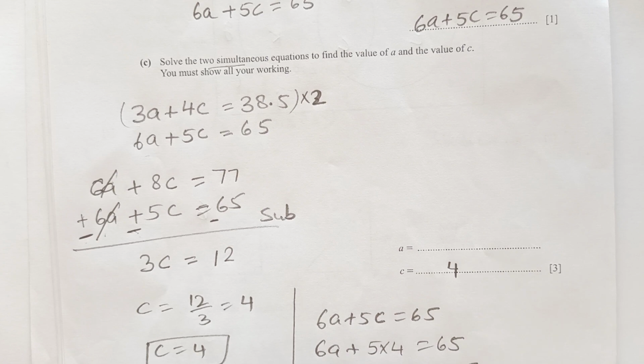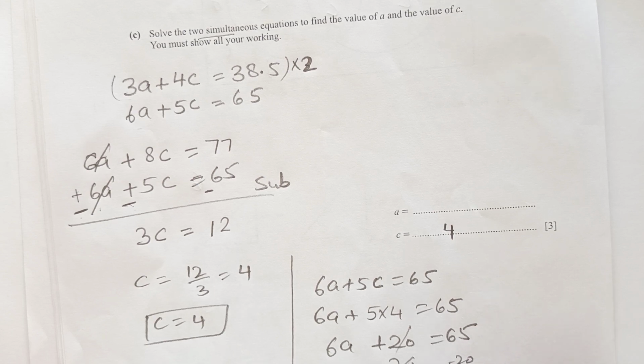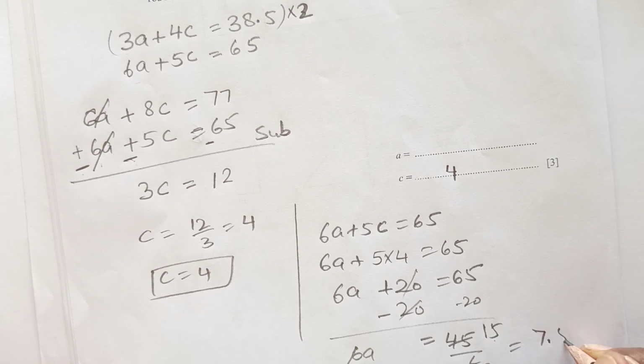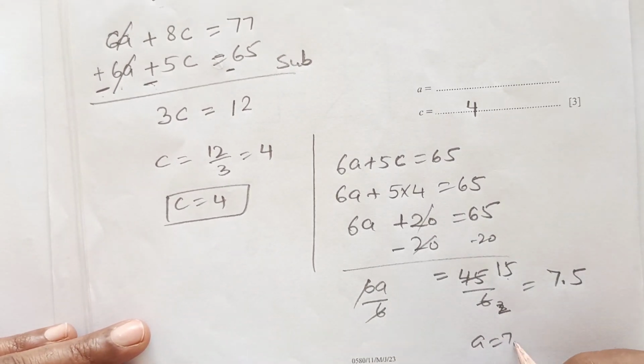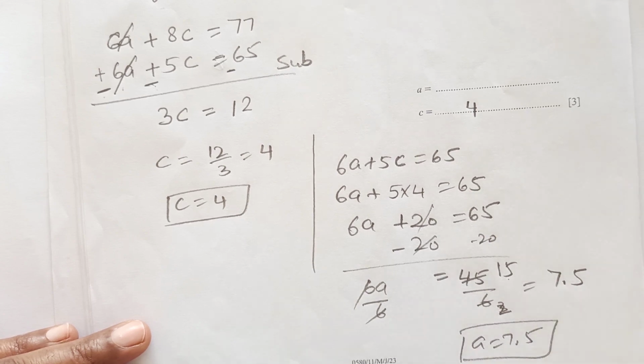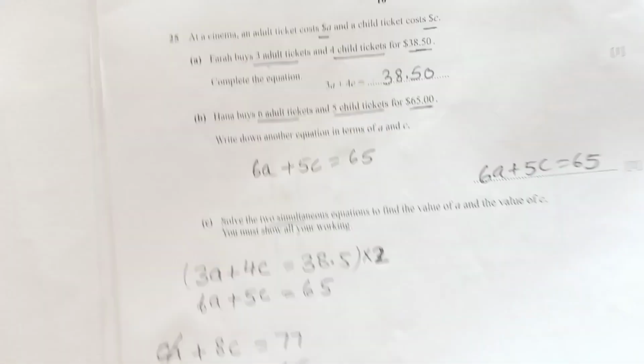This will become 6A equals 45. Divide by 6 on both sides. 45 over 6, dividing by 3 gives 15 over 2, which is 7.5. So the value of A is 7.5, that I'm going to write down in the space provided, right?